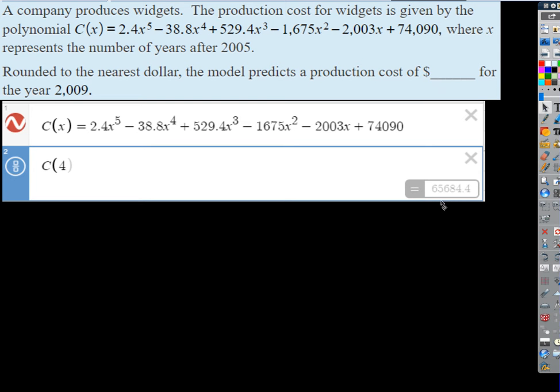So there it is, 65684.4. So what would I input? To the nearest dollar, so there's no decimal point. So I would just input 65684. Make sense? Okay.